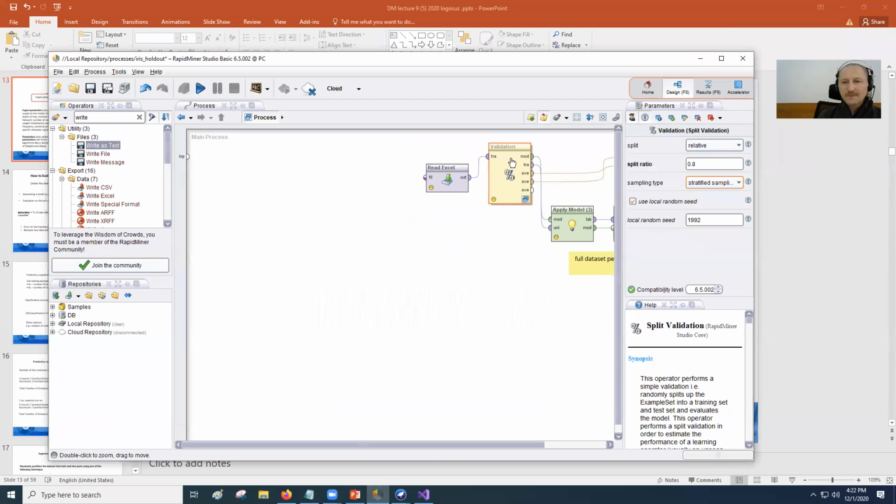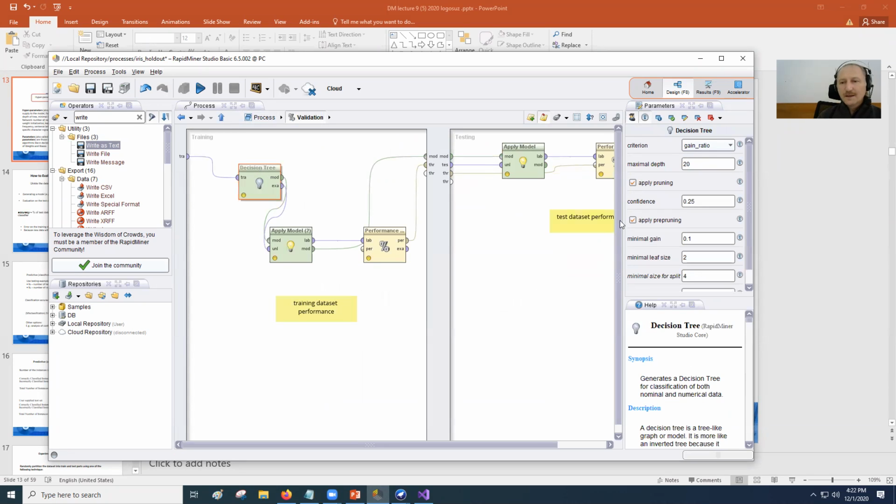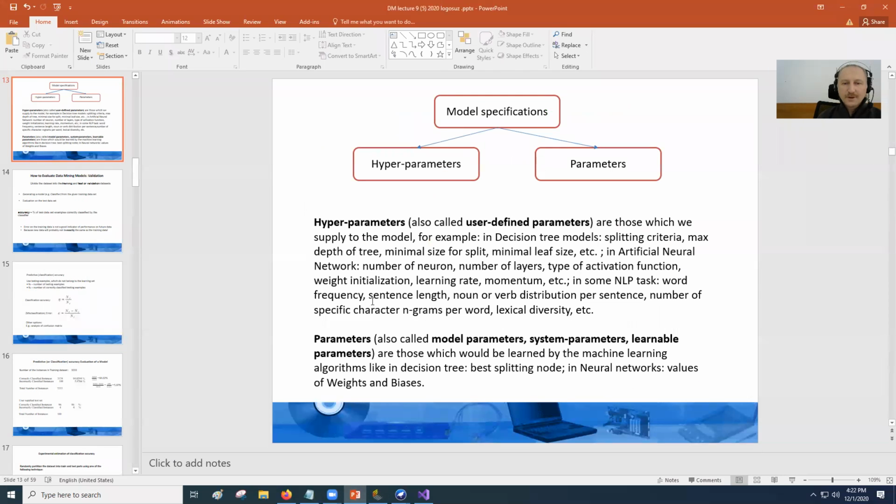What are they? For example, when you go to your model, the decision tree, look at this decision. This one is a user-configurable parameter. For example, we divided the model specification, how we are defining or developing the model according to its specification.